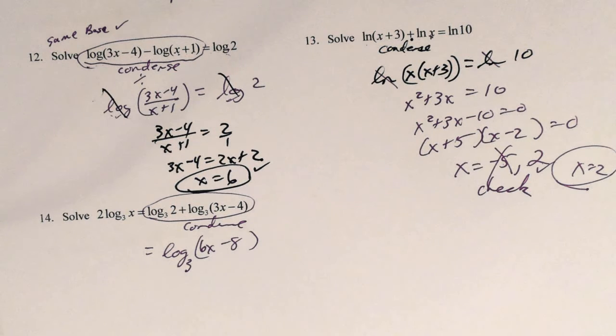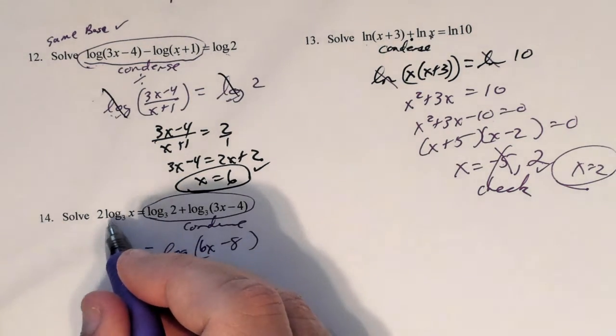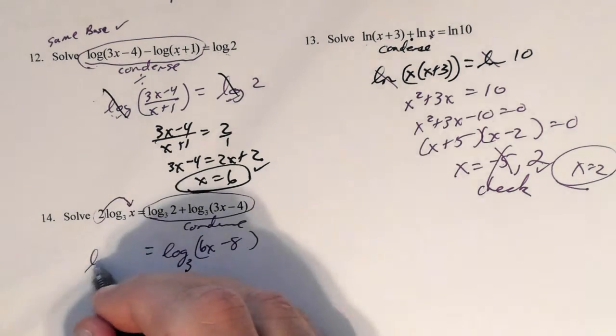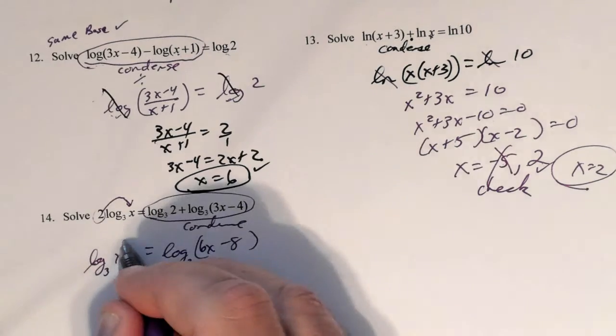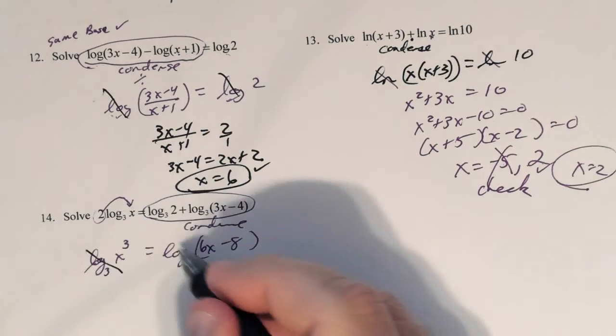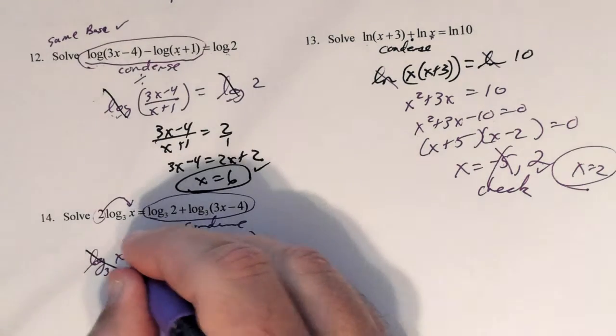Now notice there's a log on this side, but see this 2 here? We need to bring this up as an exponent. It's got to go to this step first before I can drop anything, because you can't have any number in front of log. Now I can drop the logs. I don't know why I put a 3 there, that's a 2.